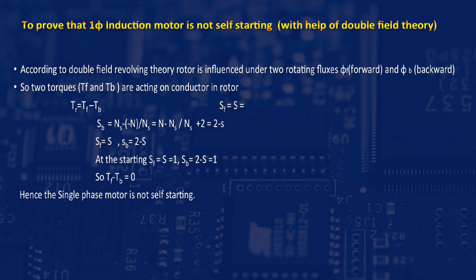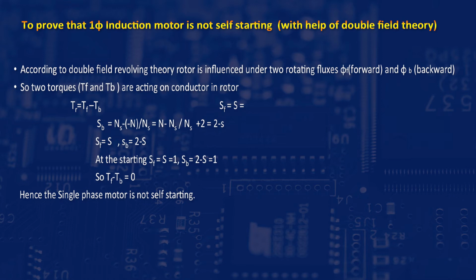So, for the forward flux the slip will be s, but when we substitute minus n for the backward flux, the formula reduces to (Ns + N) upon Ns, and this reduces to 2 minus s.